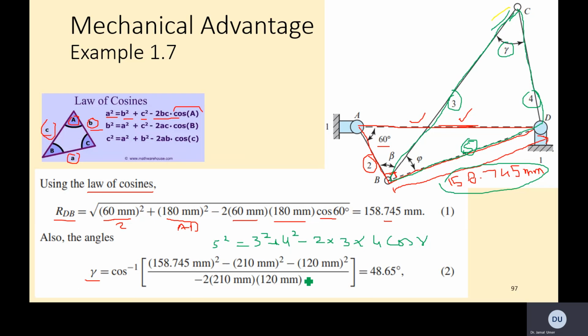So now you just rearrange this equation and you will find out these values. So just don't confuse. This is the link number actually I have written. So link 5 is the number, link 3 is this link 3, link 4 is basically this number, this link, and so on. So this is the way you determine this gamma angle, right?